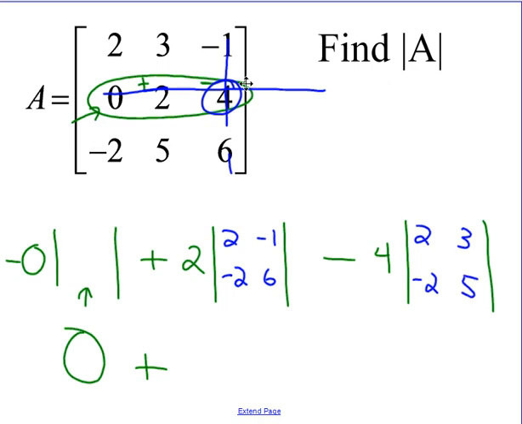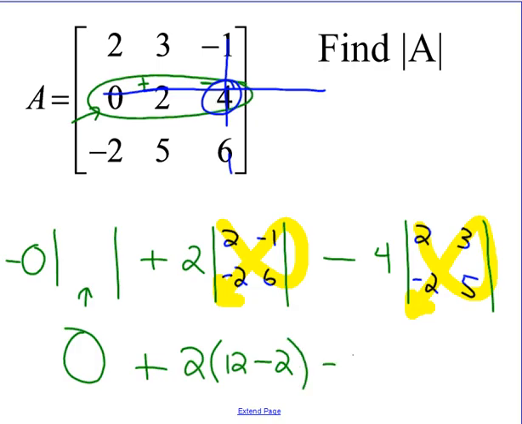And again, I'm going to do my determinant down and back, like that, down and back. So we are going to multiply and find our determinant. So we have 2 times 12 minus 2, because negative 2 times negative 1 is positive 2.